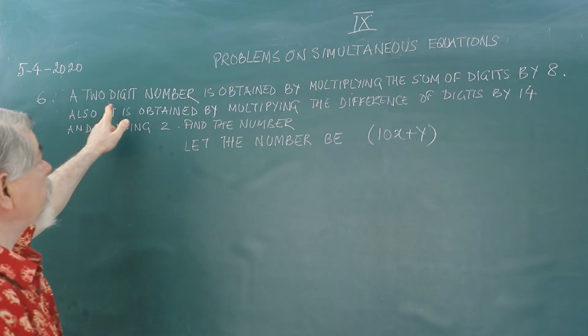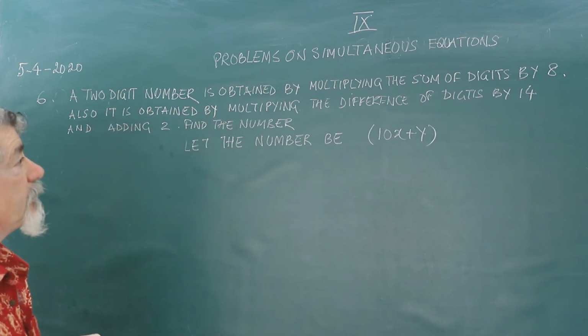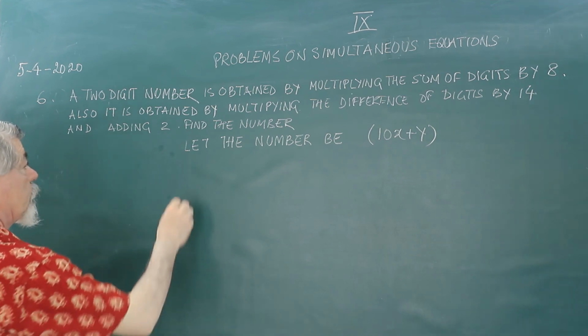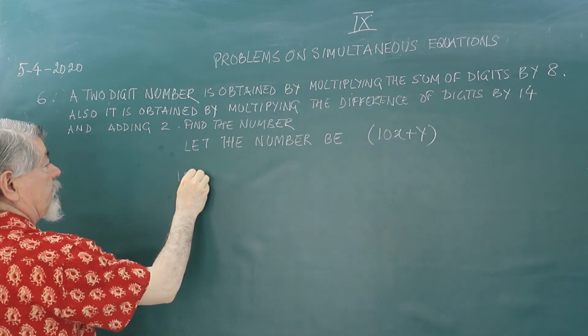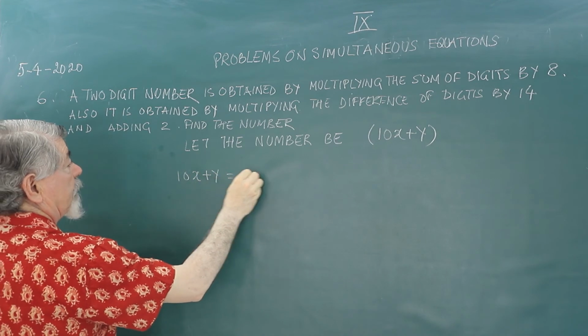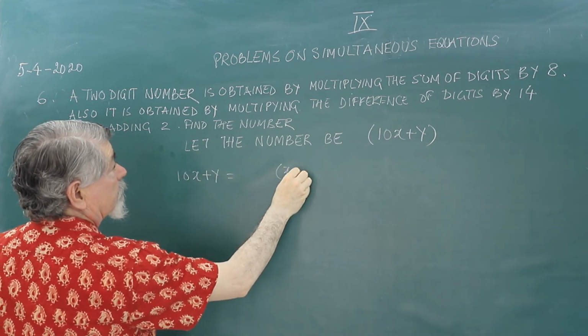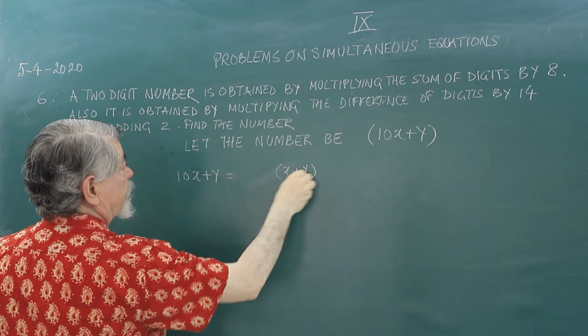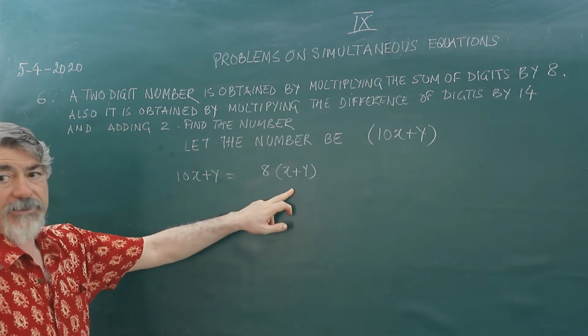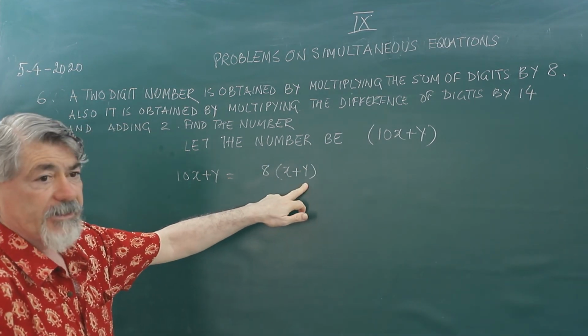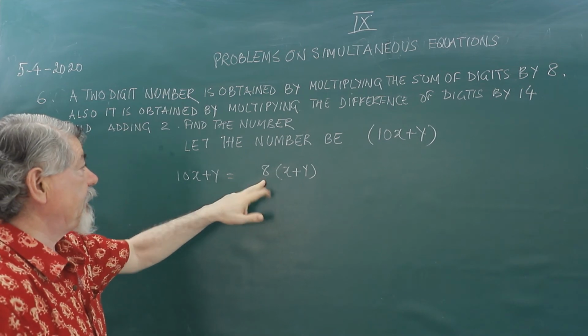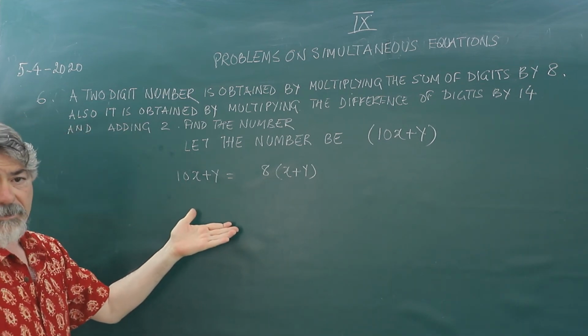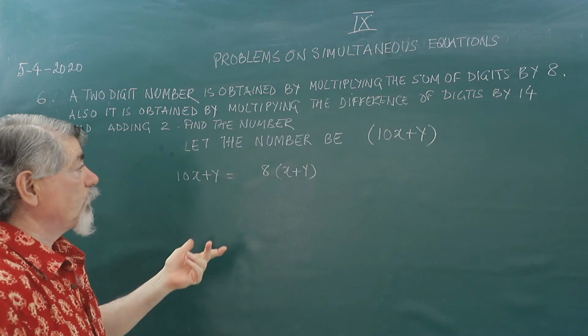Now, the number is obtained by multiplying the sum of the digits, x plus y, by 8. X and y are the digits. So we added the digits x and y and multiplied that by 8, and we will be able to get the 2-digit number. That is what it's saying.